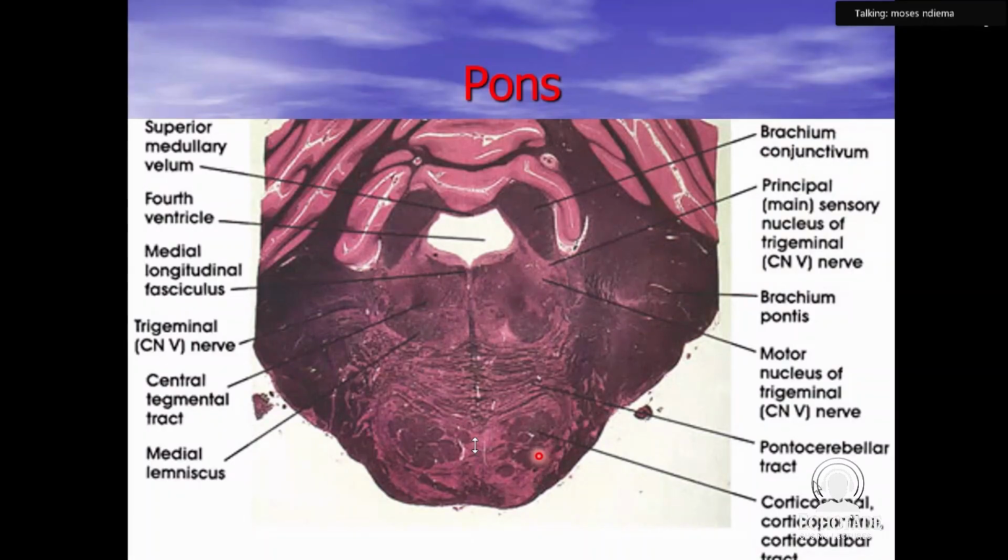Decussation, the word decussation, means a crossing over. It's an area where you are crossing over. We have two types of decussation: the motor decussation and also the sensory decussation.